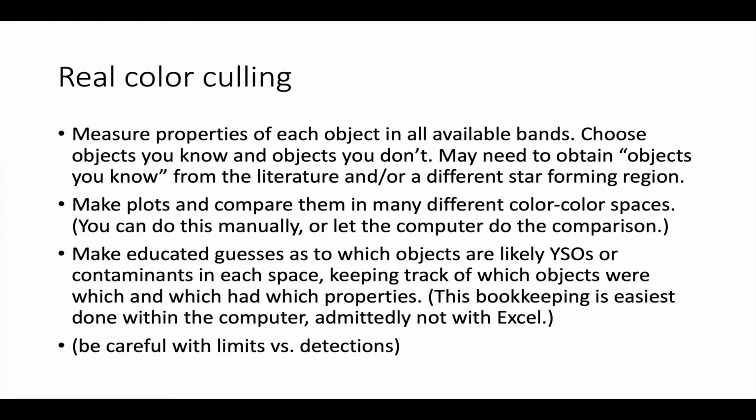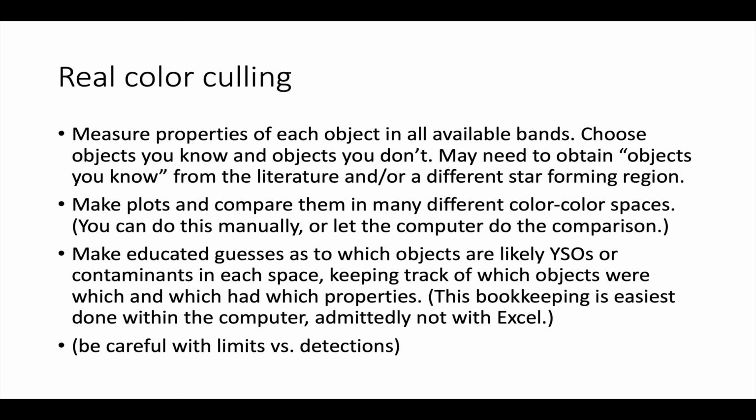You can do this by hand, or you can let the computer do the comparison. Certainly when you're starting out, you need to work by hand. Then you have to make educated guesses on which objects are young and which objects are contaminants, keeping track of which objects pass which tests. So yeah, the bookkeeping can be a challenge.